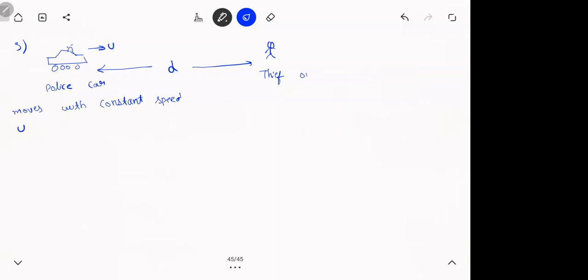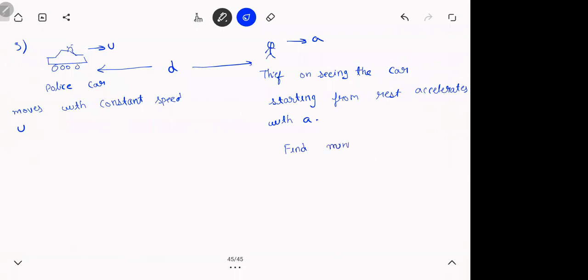So the thief, on seeing the car, starting from rest, initially is at rest, accelerates with a. Maybe he has a bike or something, he's started the bike. Accelerates with a. So the question is, find the minimum speed of the car so that the thief is caught.